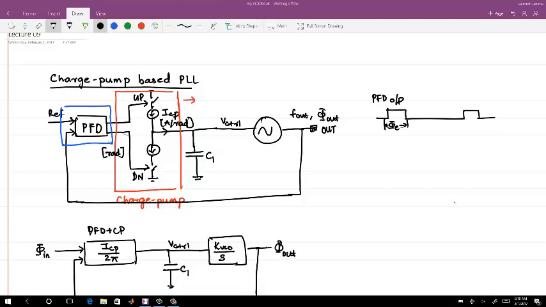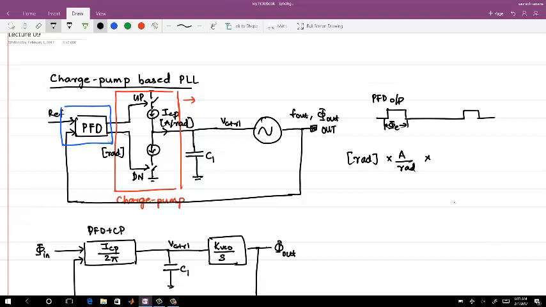If you look at the whole charge pump as a current source, the units are only ampere, but the current which is pumped into the impedance or loop filter is proportional to the phase error. So that's why that is ampere per radian. No, it should be volt, right? Your phase error is in radian, charge pump is ampere per radian, impedance is in ohms.